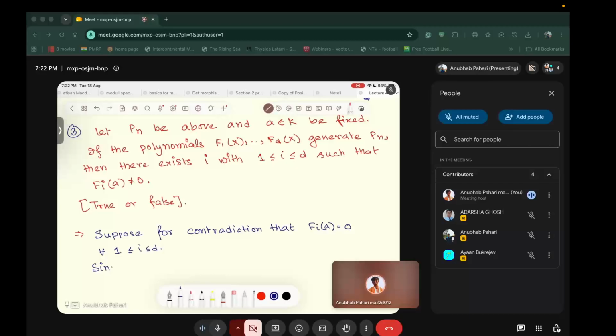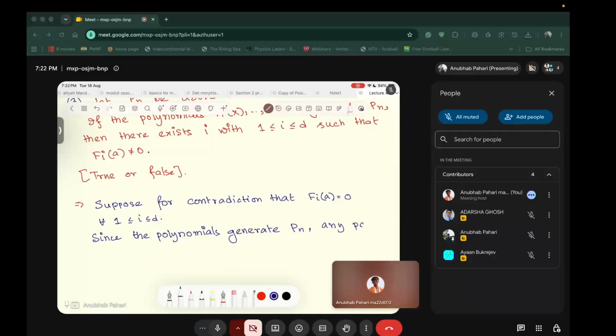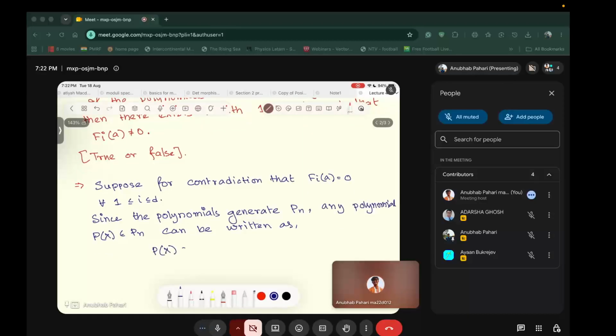Now, since the polynomials generate Pn, any polynomial P(x) of Pn can be written as P(x) equals the sum from i equals 1 to d of c_i phi_i(x).